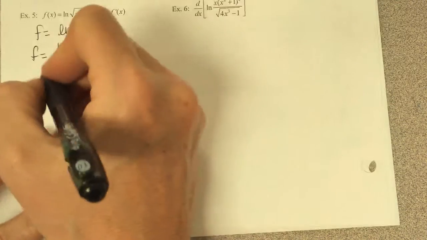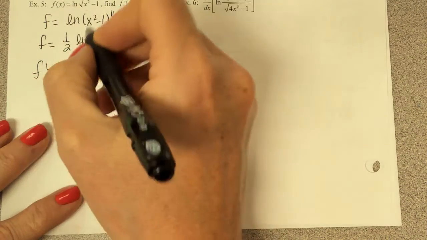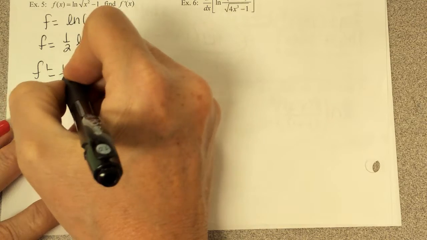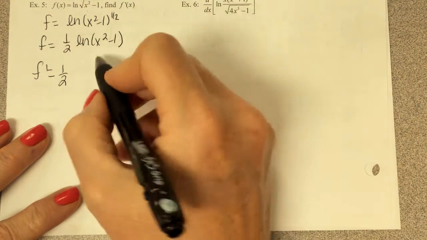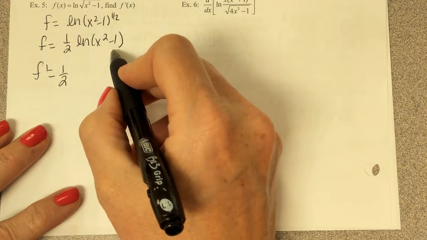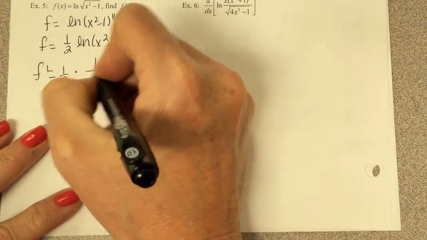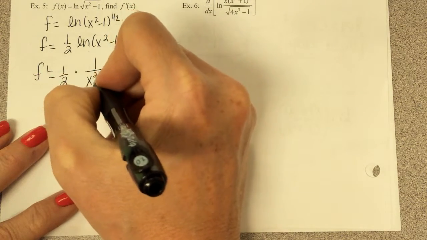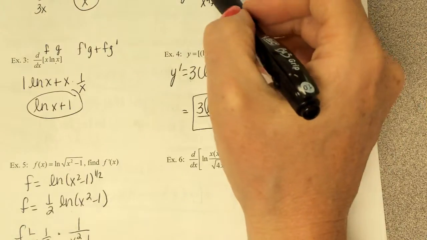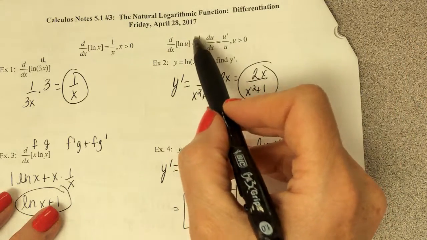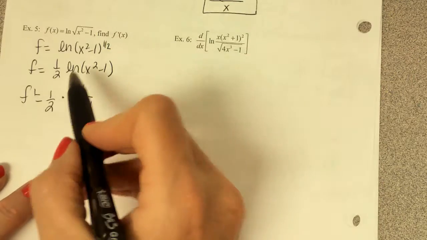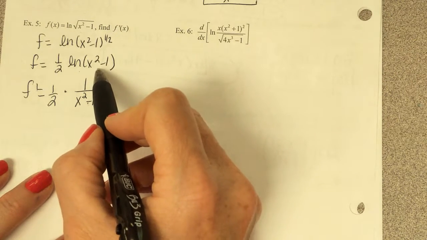The reason why this is easier is because when I take this derivative, I just bring down the 1/2. The derivative of ln of something, ln of u, that derivative is 1 over u. I'm using this formula. Derivative of ln of u is 1 over u. But then I have to do times the derivative of the u.